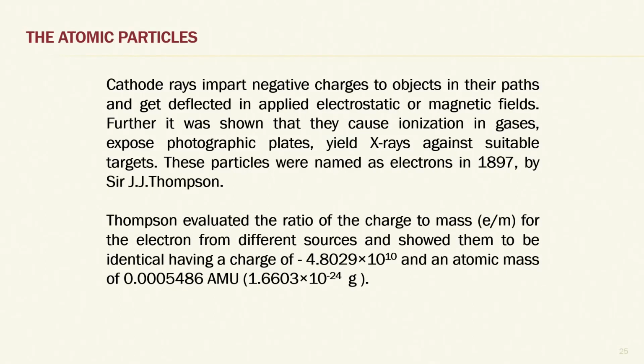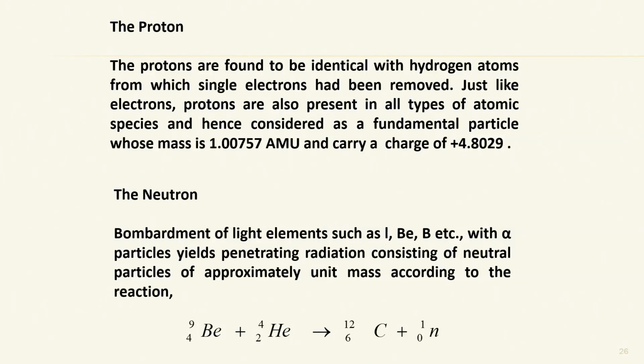So, the electron has very small weight compared to 1.00757 atomic mass units. If you take a ratio, it works out to approximately 1640. That means a proton is 1640 times heavier than the electron.